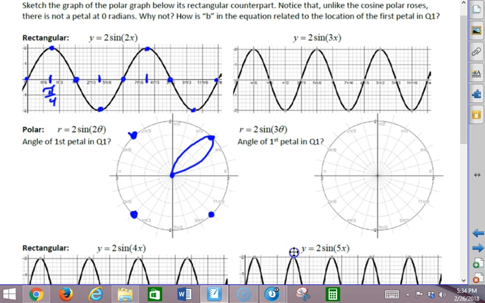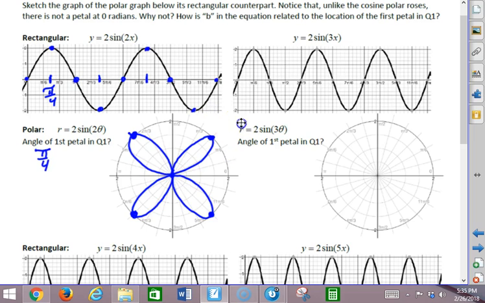So now we're swinging into quadrant 4 with our negative r value from quadrant 2. Now we're back up to positive r values in quadrant 3. Then negative r values in quadrant 4, which swings us into quadrant 2. So this is what the graph looks like. So the angle of the first petal here in quadrant 1 is pi over 4.